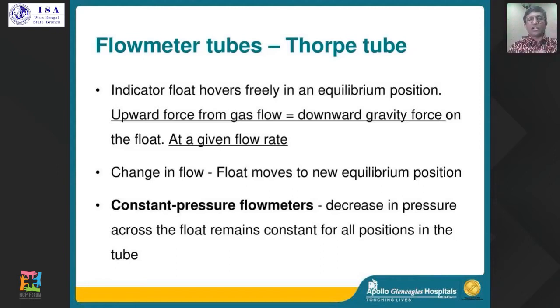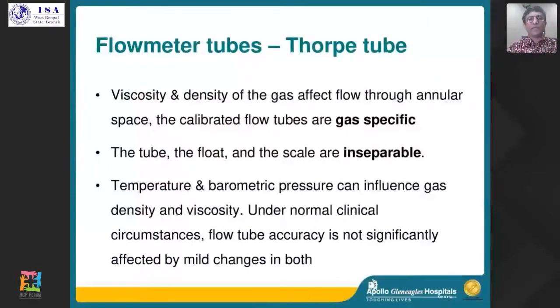It is a constant pressure flowmeter because the decrease in pressure across the float remains constant for all positions in the tube. And since, whether it is laminar or turbulent flow, the viscosity and the density affect the gas flow, the flowmeter is gas specific.